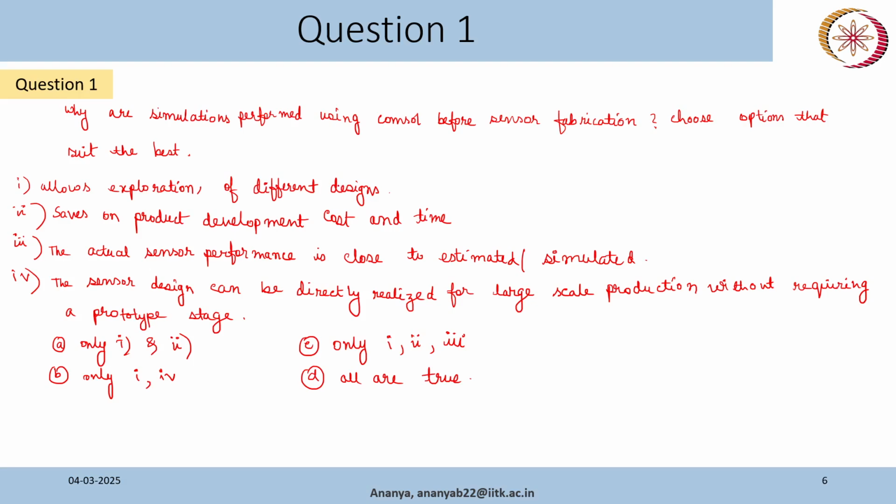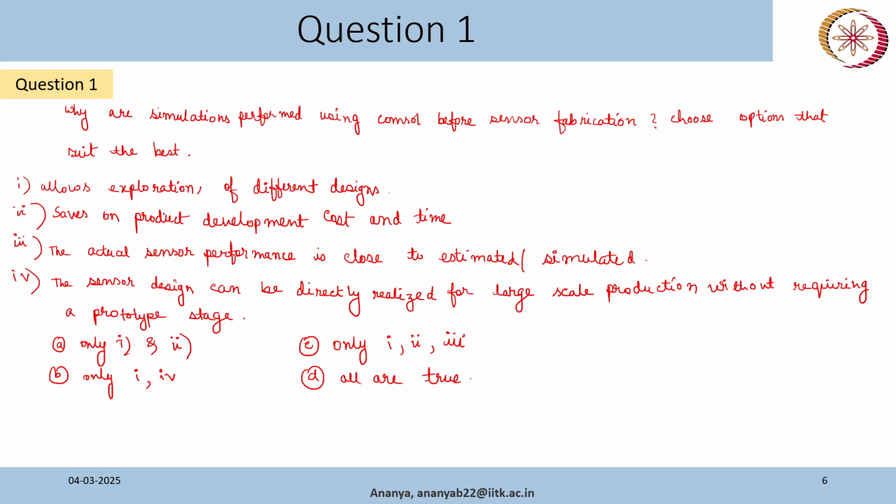So we can find the simplest design that works best. We can find the lowest cost material if we use simulation software instead of directly going for fabrication. It saves on product development cost and time.